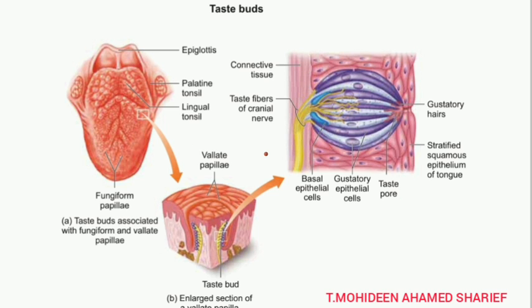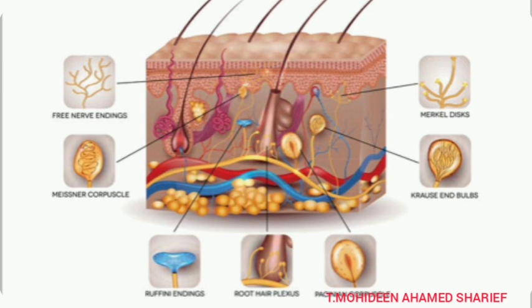Gustatory hairs are the sensitive portion of the gustatory cells and they have sensory dendrites which send the signal to the brain. The basal cells act as stem cells, dividing and differentiating into new gustatory cells.